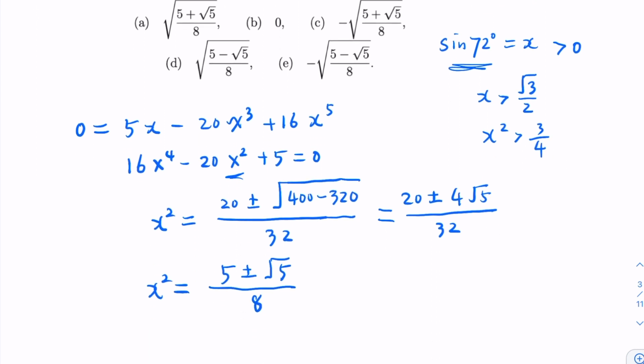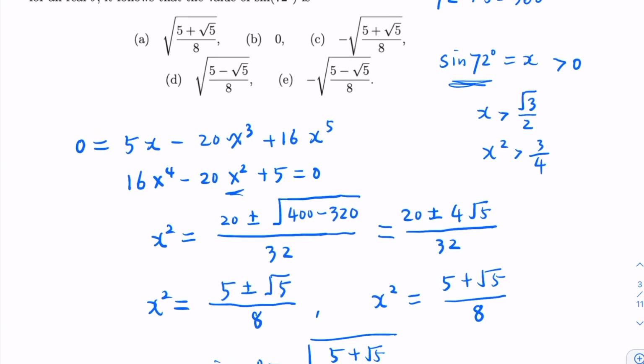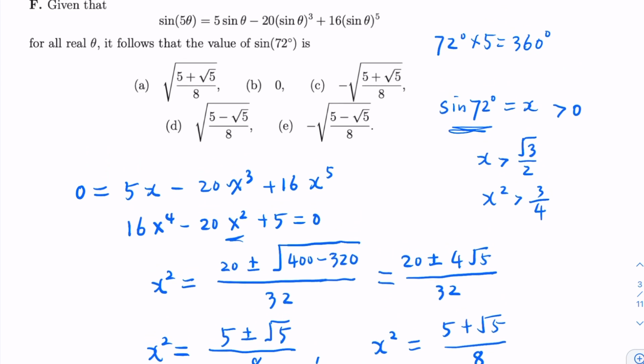So we know for sure x squared has to take the positive sign, because for the negative sign, 5 minus square root of 5, the whole thing would be too small. We need it bigger than that. So at the end, sine 72 degrees is going to be the square root of 5 plus square root of 5 over 8. So the answer here is going to be B, A. That's the answer.